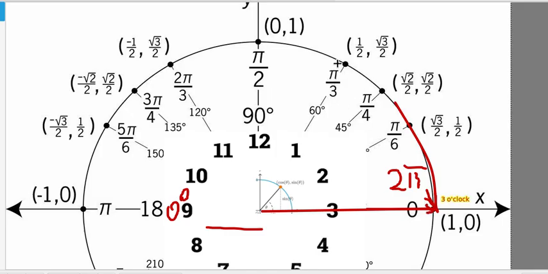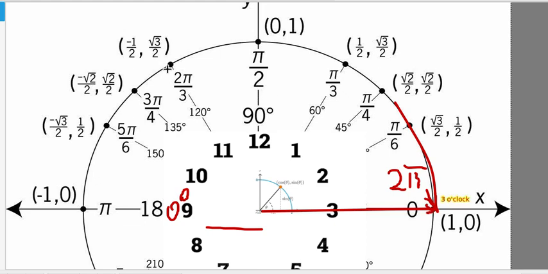The angle is also in the first quadrant where both sine and cosine are positive. Coordinates: cosine is 1/2, approximately 0.5. Sine is square root of 3 divided by 2, approximately 0.866.